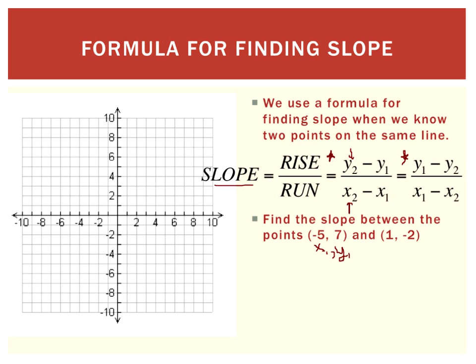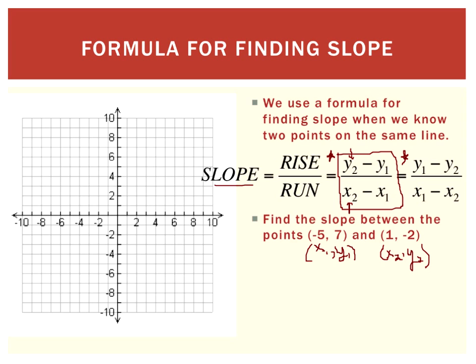If I called this point x1, y1, then I called this next point x2, y2. What this is saying is that in the first form of slope, if I start with my y2 variable and subtract my y1 variable, then in the denominator, I need to start that same way. I need to start with my x2 variable and subtract x1.